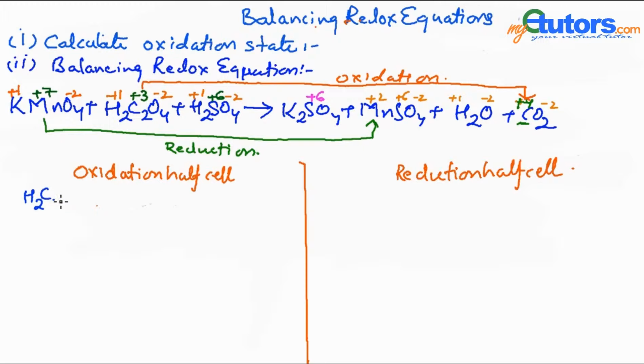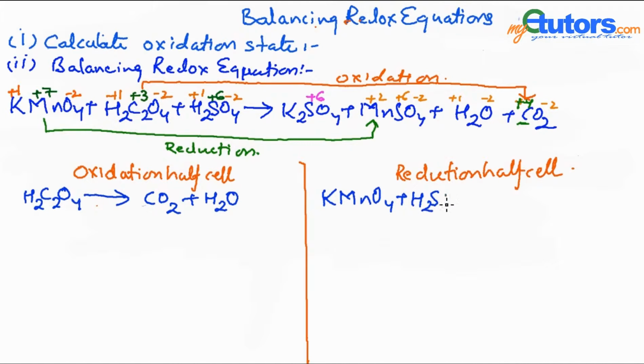Now, if you notice, potassium is being converted into potassium sulfate in the products. Because sulfate is present, we have to consider sulfuric acid as well in the reduction half cell. Potassium in potassium permanganate and sulfuric acid are considered as spectator ion and spectator molecule respectively in this redox equation.